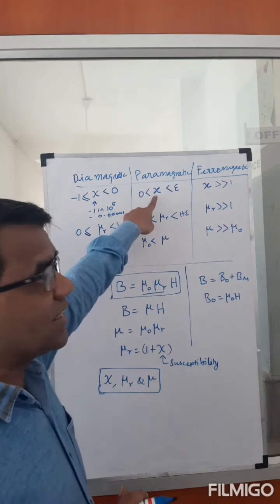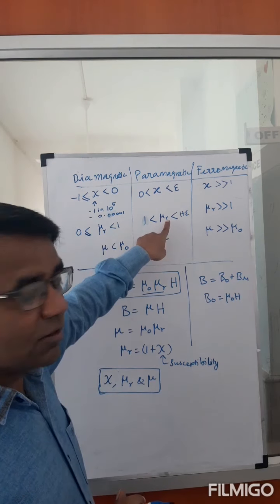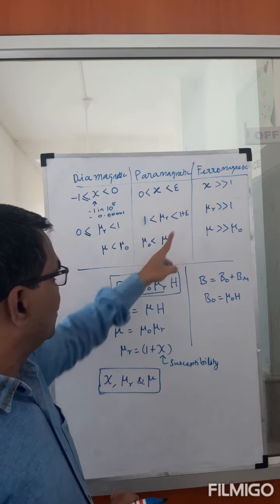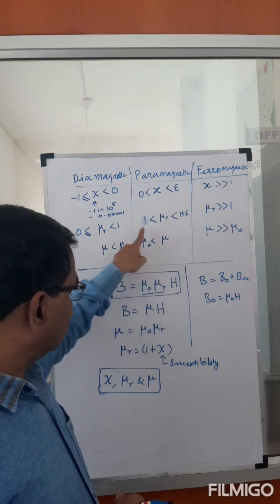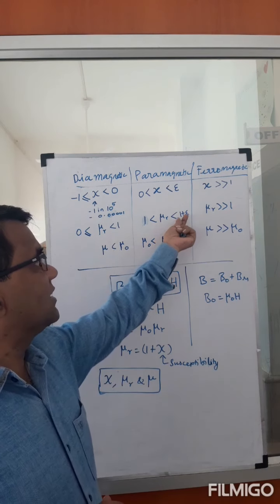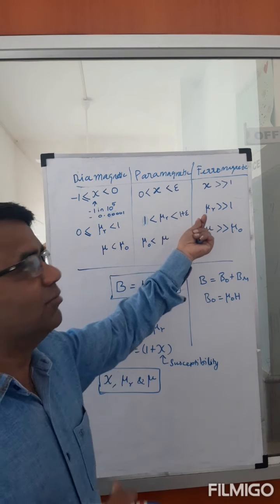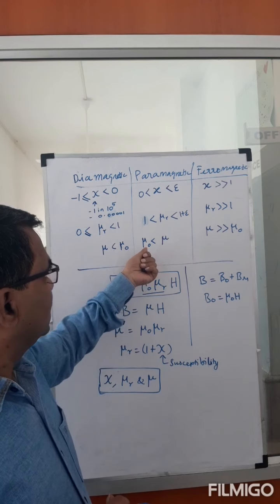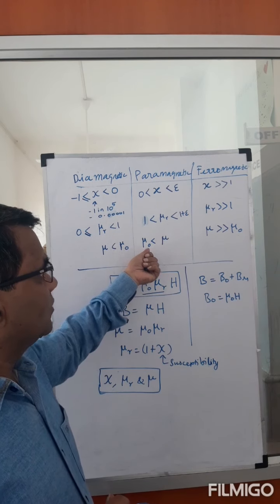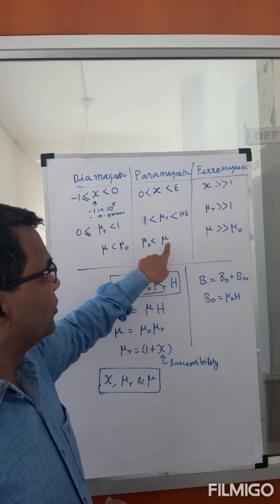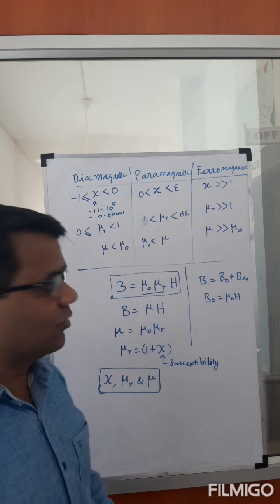If this is the case, then what will happen to mu r? Mu r will be greater than 1 but less than 1 plus epsilon, a small number. And mu is going to be greater than mu naught, clearly.